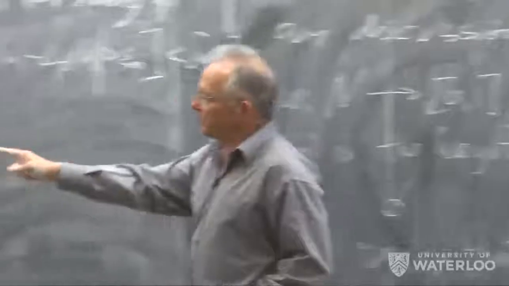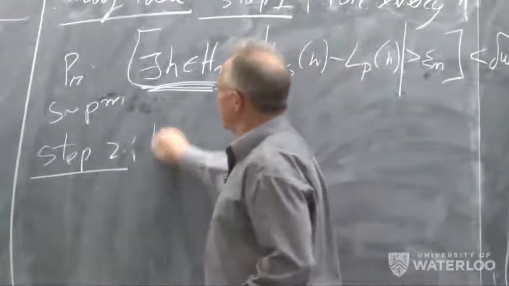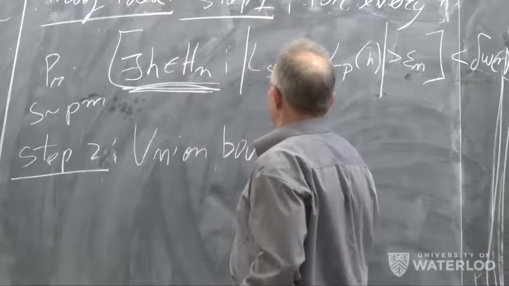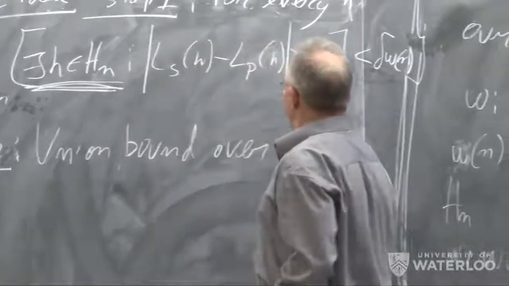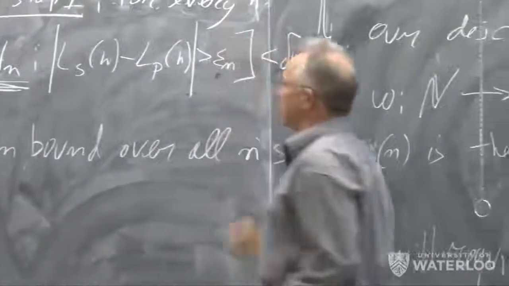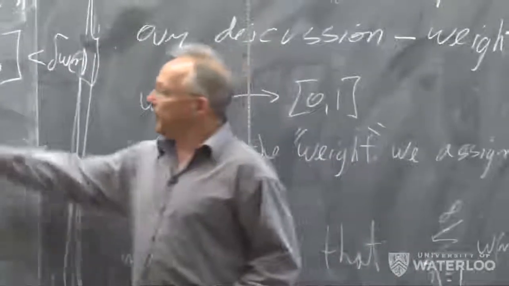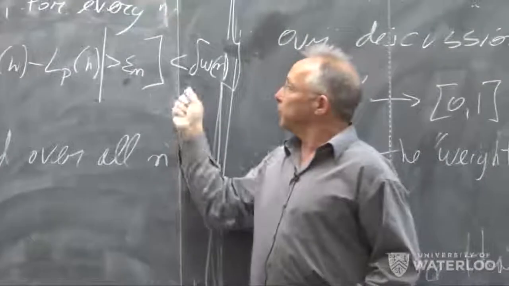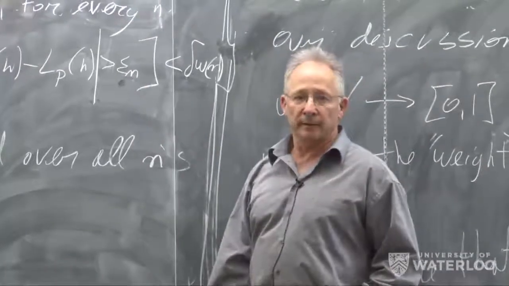So the only step that is missing is the union bound over all n's. For every particular Hn, we have this claim due to our choice of epsilon n.